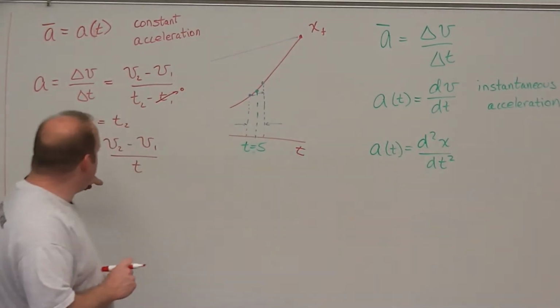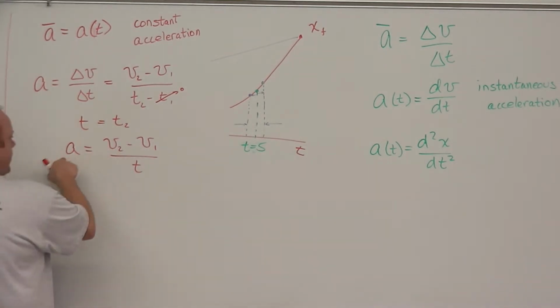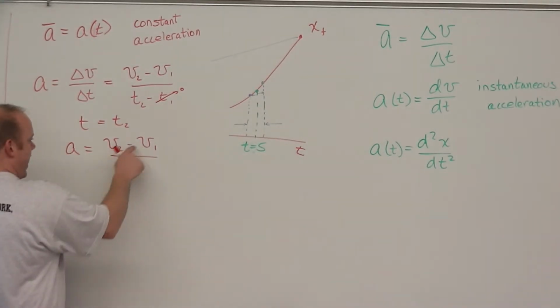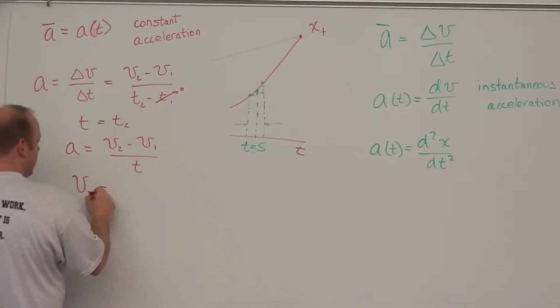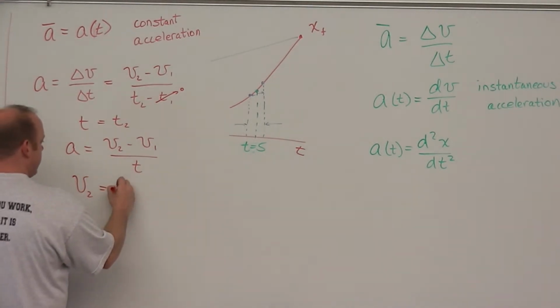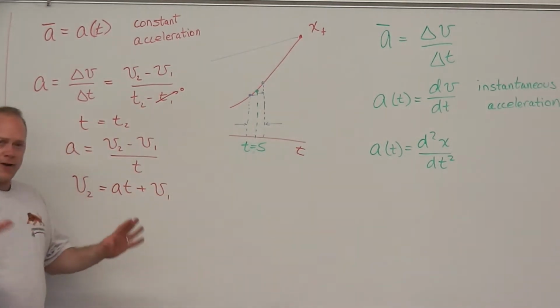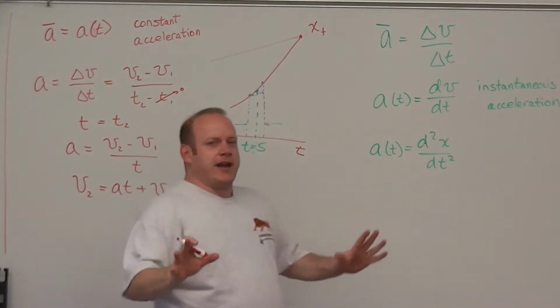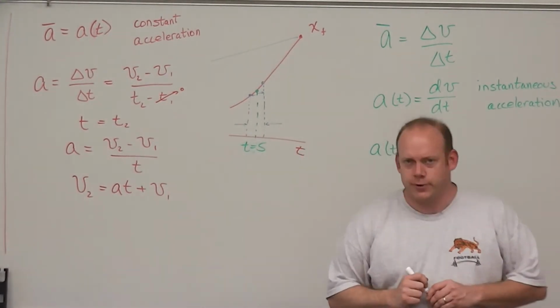Now, I can rewrite this. I can take this, multiply both sides by t, add v1 to both sides, and I'm going to say v2 is equal to acceleration times time plus v1. And now you say, well, Mr. Folks, wait a second. How did you get from here to here? Well, I used algebra.